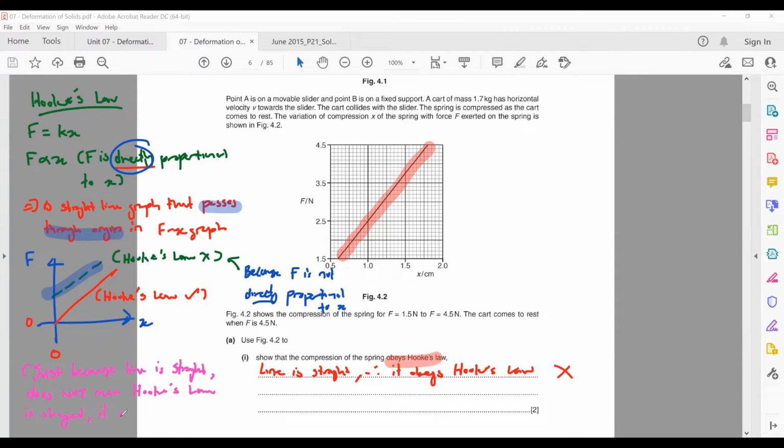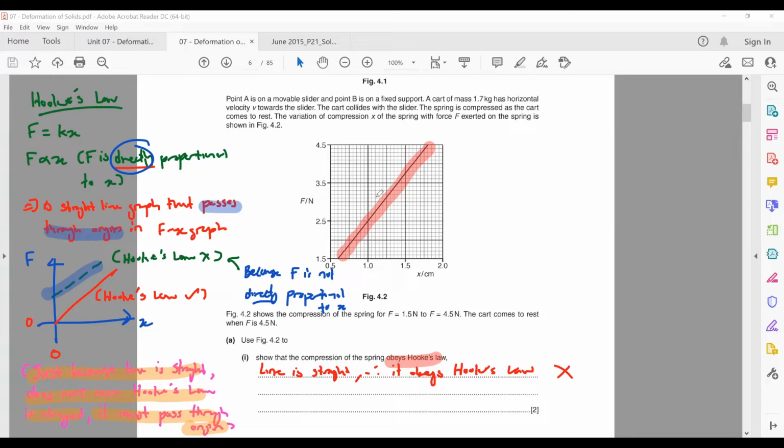It must pass through origin. Okay, that is the statement here. Maybe I highlight it so that it's easier for you guys to see. Just because the line is straight does not mean Hooke's law is obeyed. It must pass through origin.